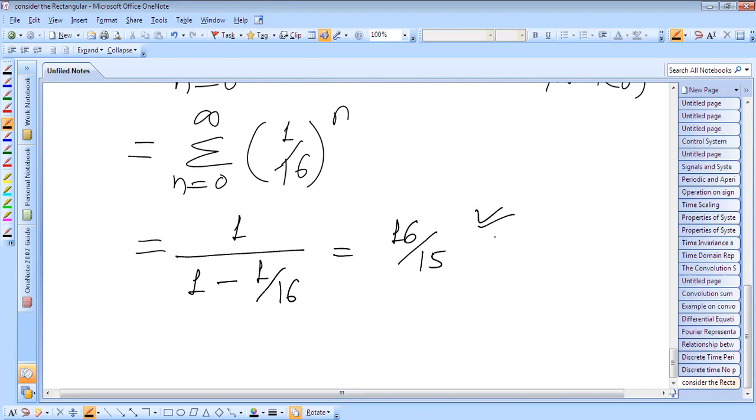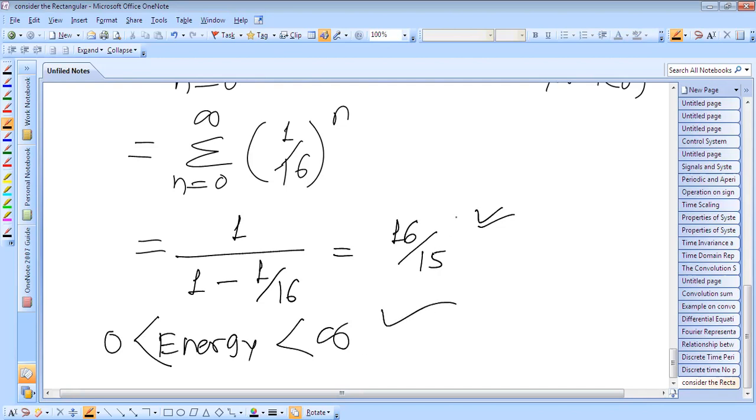Okay, so the energy of this signal is greater than 0, but less than infinity.